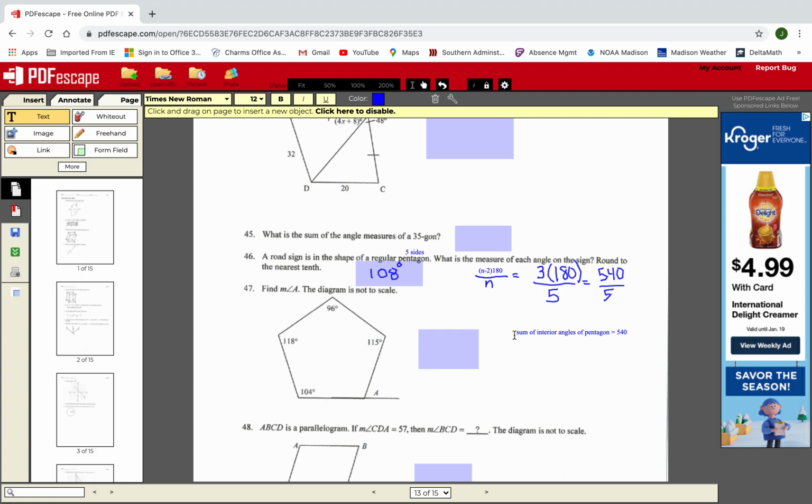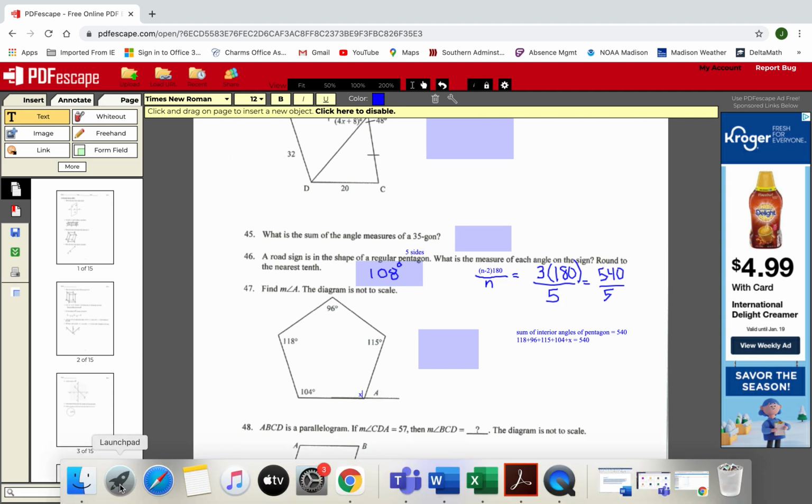So we are going to add up everything that's in there and find that missing angle, which is supplementary to angle A. So we're going to say 118 plus 96 plus 115 plus 104 plus, I'm just going to say x, equals 540. Okay, what we're doing is we're working towards that missing angle so that we can subtract it from 180 and get angle A. Okay?